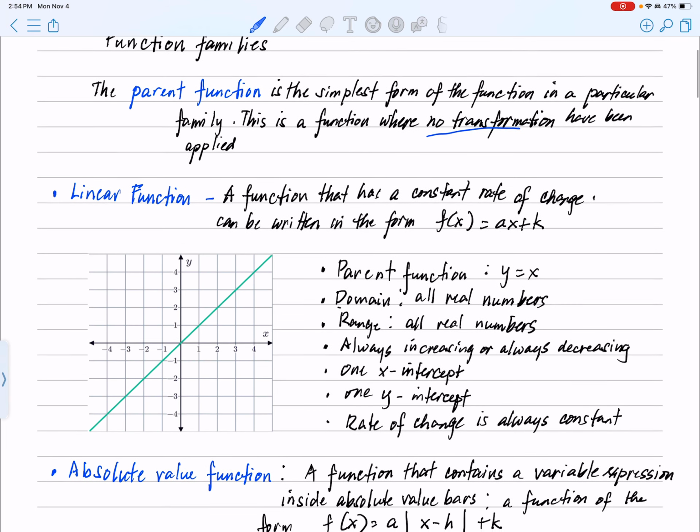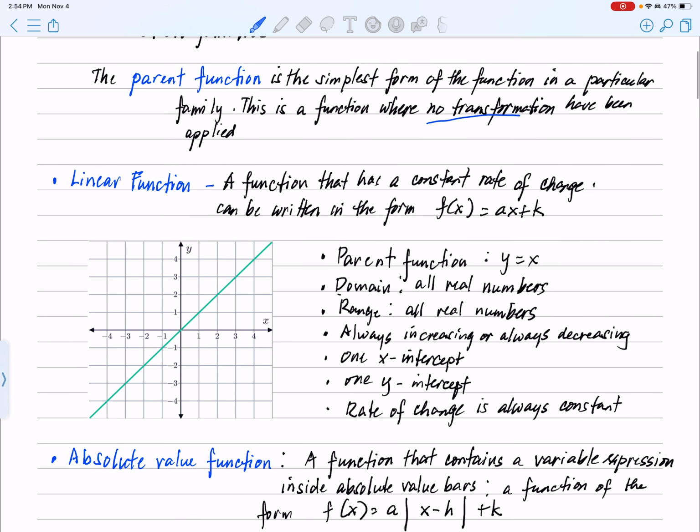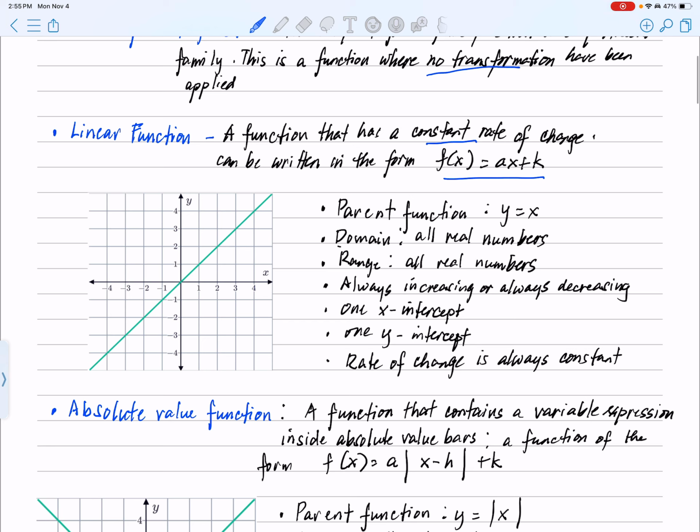One type of function family is what we call the linear function. Right? So what is a linear function? A linear function has a constant rate of change, and can be written in the form f of x equals ax plus k, where x and k are variables. So what are the characteristics of a linear function?